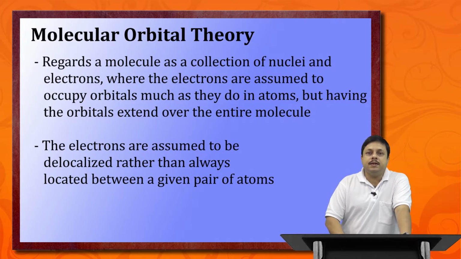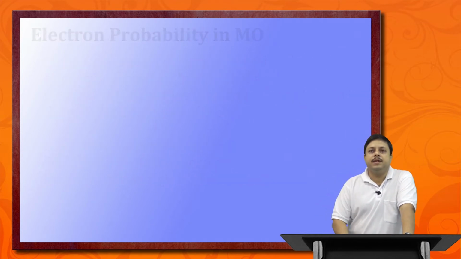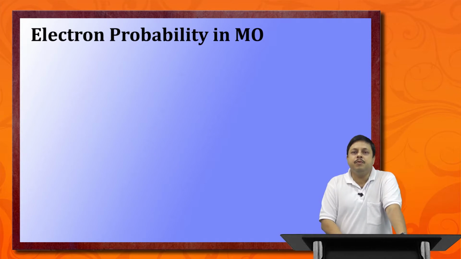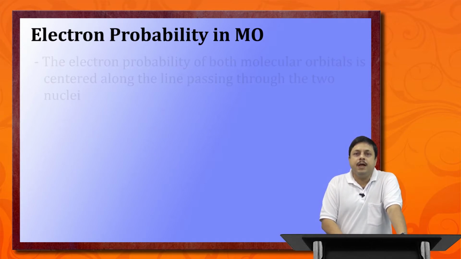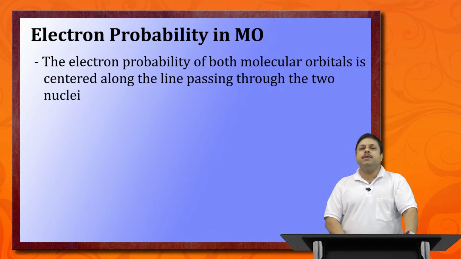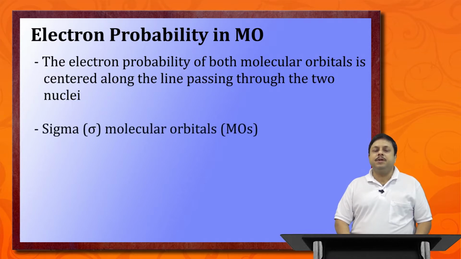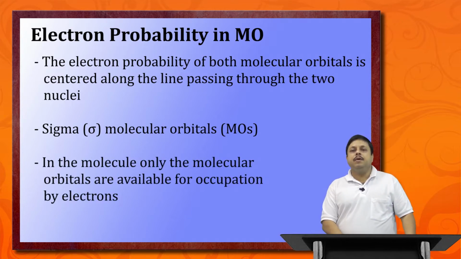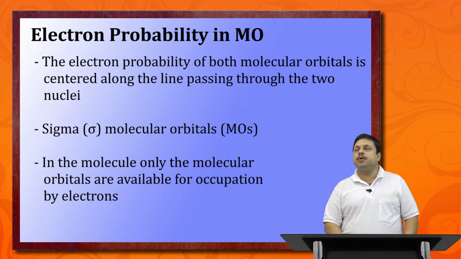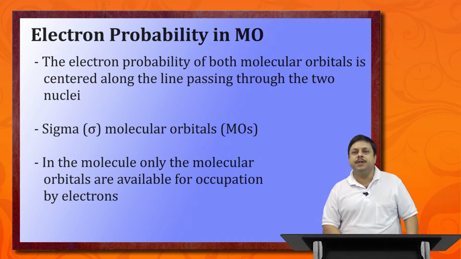The electron probability of both molecular orbitals is centered along the line passing through the two nuclei. These are the sigma molecular orbitals, very similar to the concept of a sigma bond in the hybridization picture. In the molecule, only the molecular orbitals are available for occupation by the electrons, so there is no trace of any atomic orbitals within the molecule.